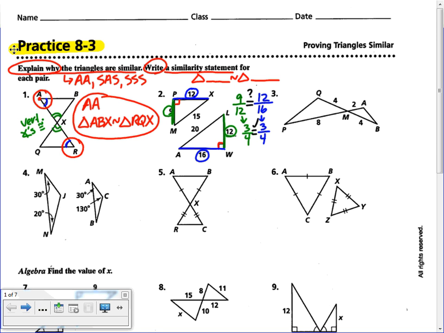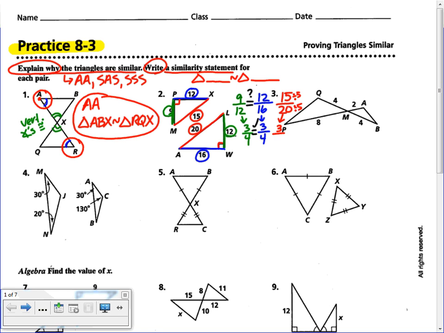But I also see that there is another set of sides labeled and everything, 15 and 20. So I'm kind of curious. Is 15 over 20 also going to simplify to be 3/4 if I divide top and bottom by 5?